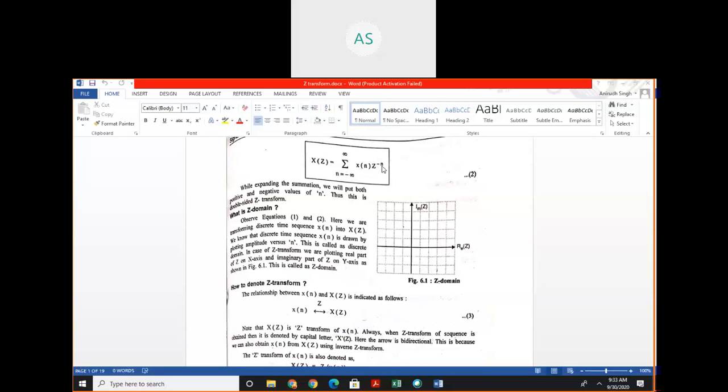So we get the Laplace transform formula. So there are some similarities between the Laplace transform and the Z transform.